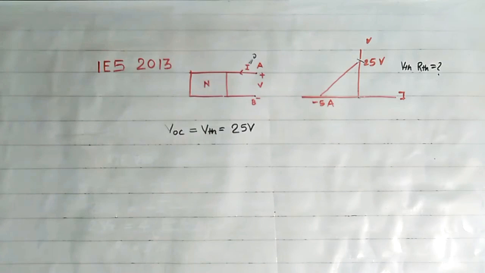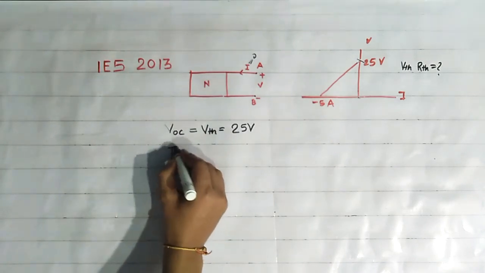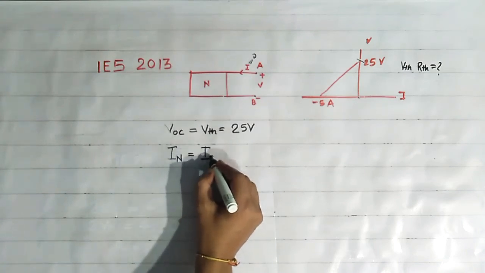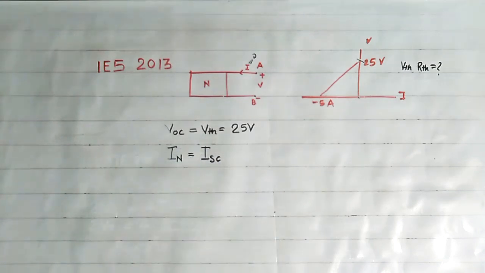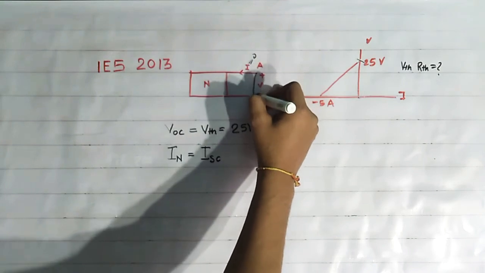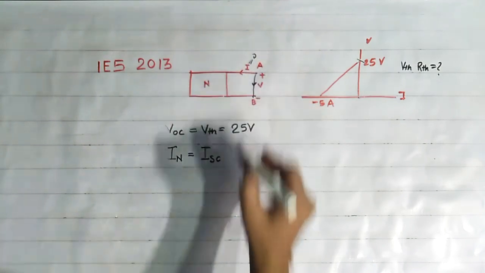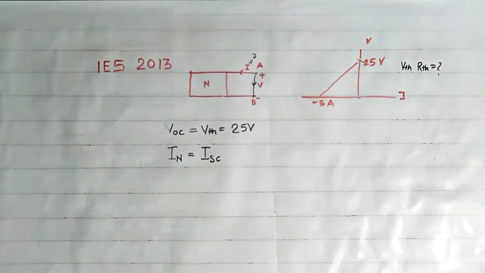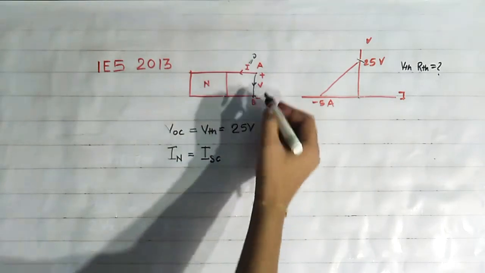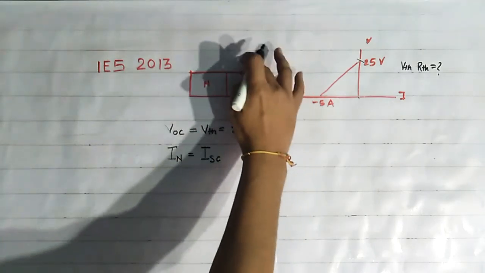Now second, what is Norton current IN? Norton current IN is equal to the short circuit current which flows when terminals A and B are short circuited. So when we short circuit these terminals, the current flowing through terminal AB is called Norton current. How can we find Norton current? When we short this terminal, then voltage V becomes 0.